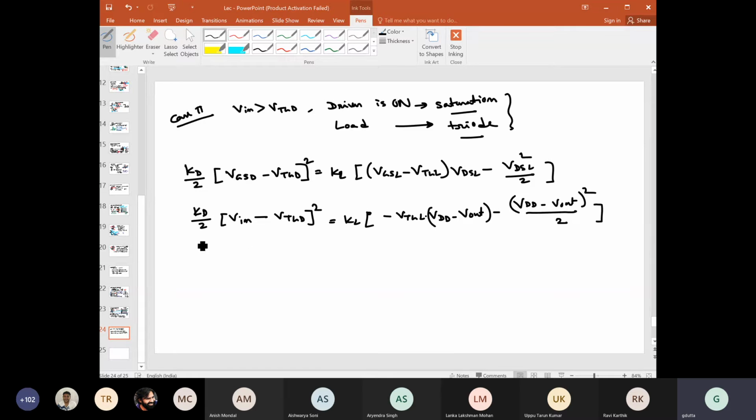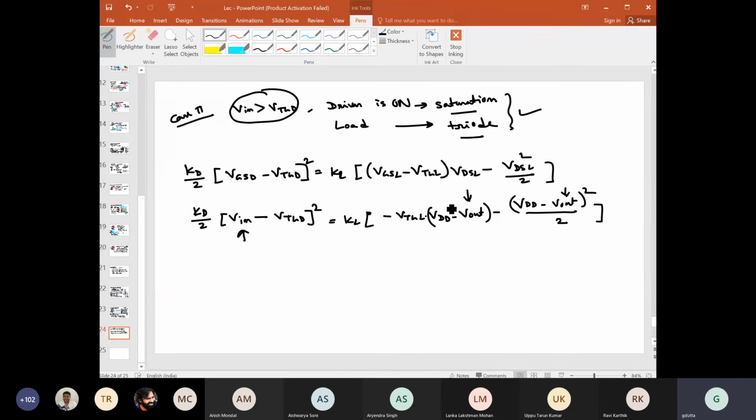So here you can see this equation gives you the relation between ID, Vin and Vout, and obviously this relationship is not a linear relation between Vin and Vout. Once you have crossed this region and this condition is satisfied, the relationship between Vin and Vout is nonlinear, right?